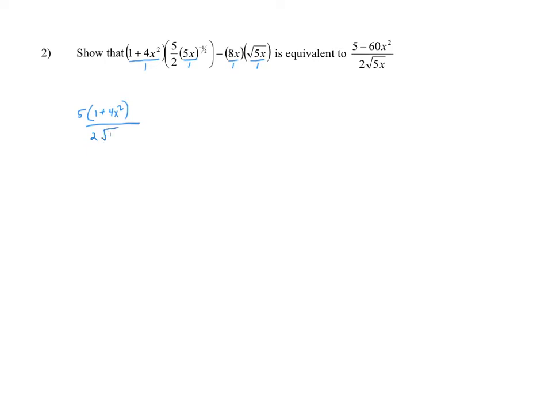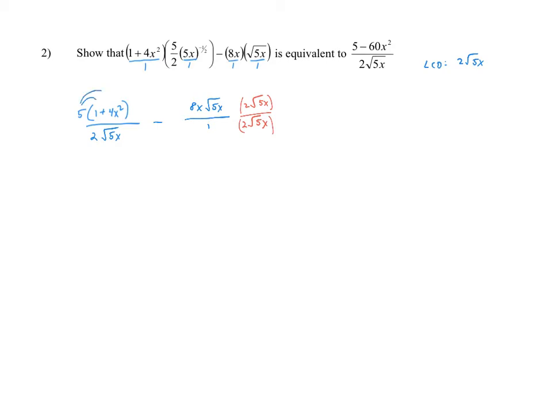That's the same thing as the square root of 5x in the denominator. 8x stays in the numerator. Root 5x stays in the numerator. Now we have a subtraction problem. The least common denominator is 2 times root 5x. So we're going to multiply this fraction over here by 2 root 5x all over 2 root 5x.